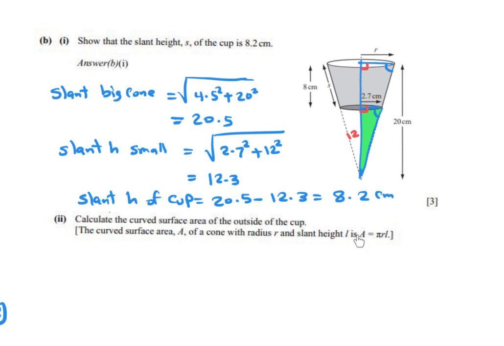The curved surface area is πrl. So we need to find πrl for the big cone minus πrl for the small cone. So π times 4.5 times the slant height, which is 20.5, this is πrl for the big cone, minus π times 2.7 times the slant height for the small cone, which is 12.3, then we find the answer.